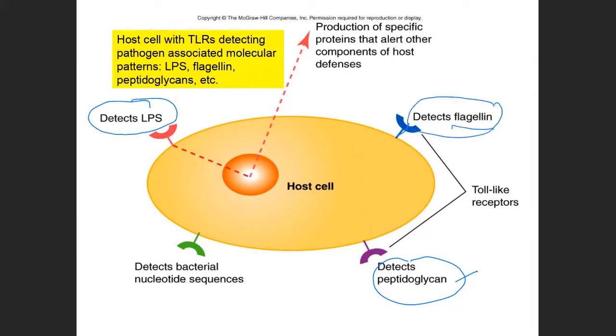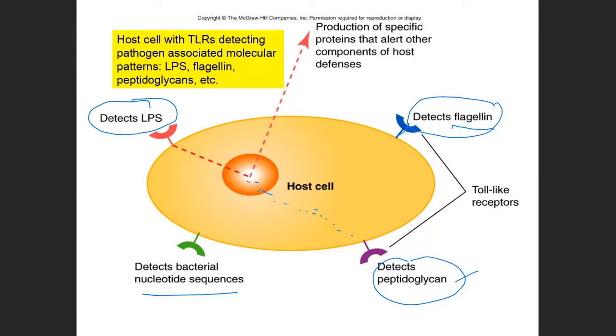Flagellin, again, is the protein that makes up the flagella of bacteria. Then bacterial nucleotide sequences. When these receptors detect the presence of some of these substances, there will be a chemical change inside the cell that will go into the nucleus, not the nucleus, but again, well, that's a whole cell, sorry, I was thinking bacteria, into the nucleus and affect gene expression.